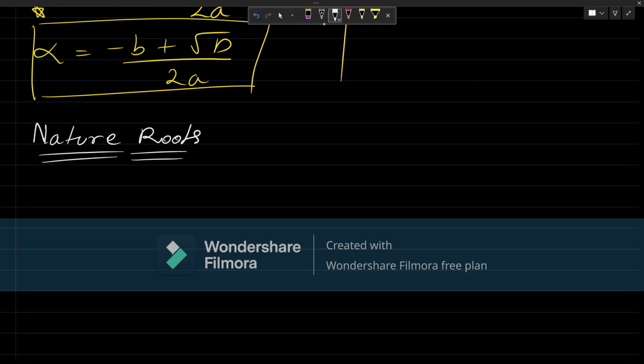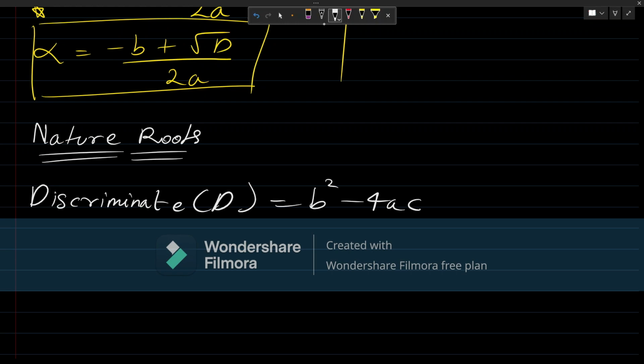Basically, you need to find the value of the discriminant, short form D, equal to b square minus 4ac. Here b and ac come from the coefficients that you find in the quadratic equation.